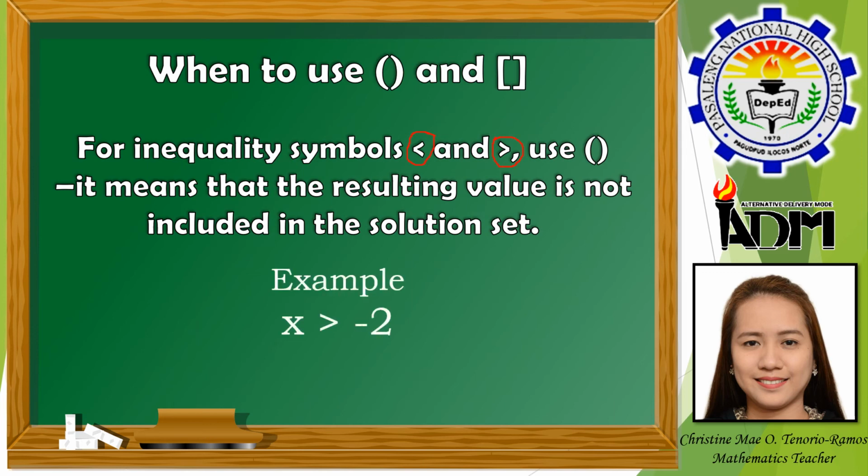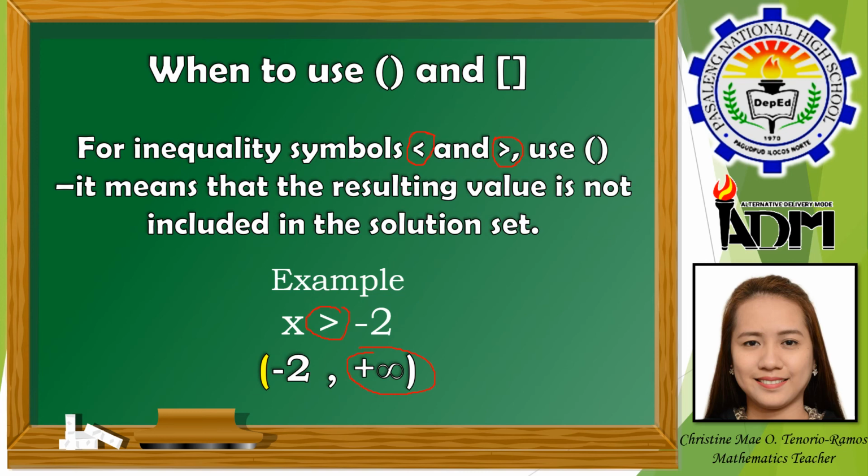Example, x is greater than negative 2. So, ang ginamit is greater than. Parenthesis ang nagamit: negative 2, positive infinity. Bakit positive infinity? Kasi greater than yan. Sasabihin ko kung kailan natin gagamitin ang positive infinity.